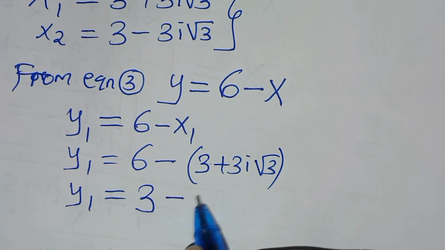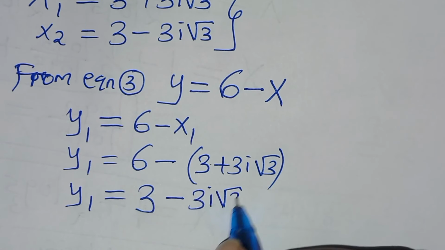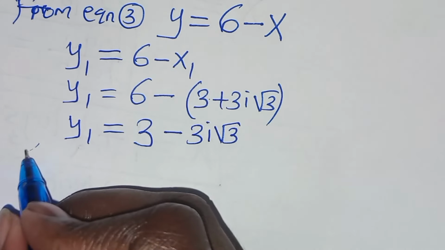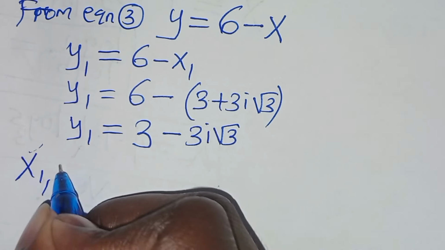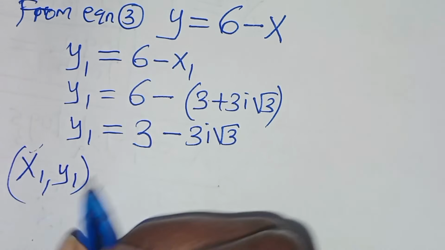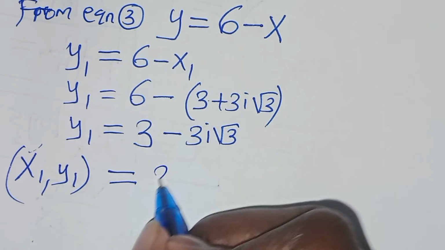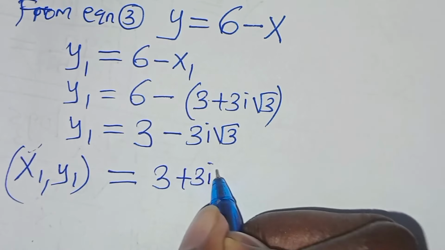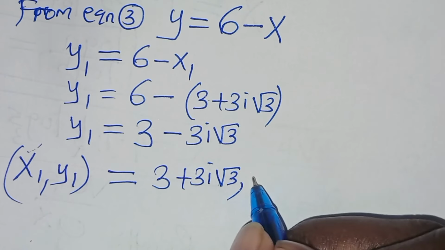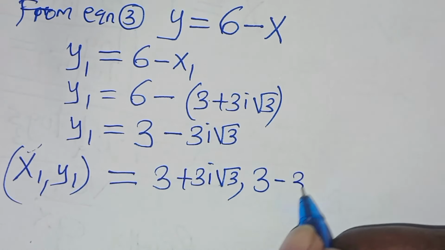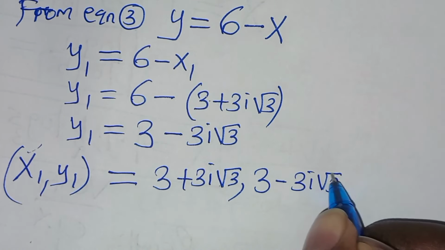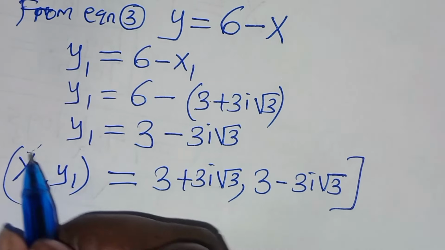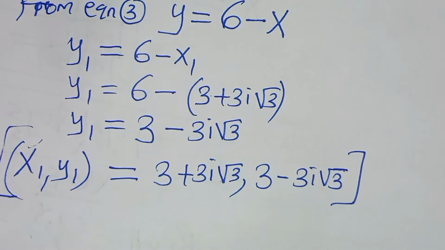This becomes minus 3i square root of 3. So this implies that x1, y1 is the same thing as 3 plus 3i square root of 3, comma 3 minus 3i square root of 3. So this is the first set of solution that we have.